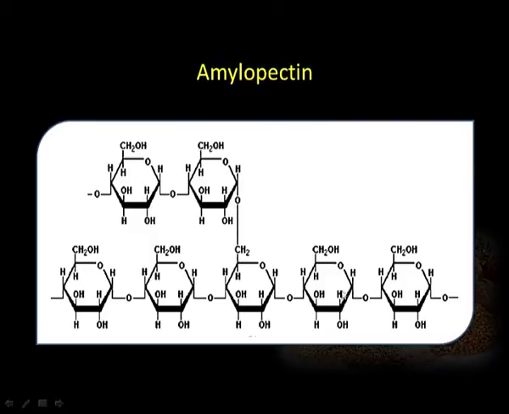Let us look at this structure. This is the chain of glucose moieties with the alpha linkage, and carbon number 1 of one glucose is linked to carbon number 4 of another glucose molecule. This chain is like amylose, but here the branching has occurred.